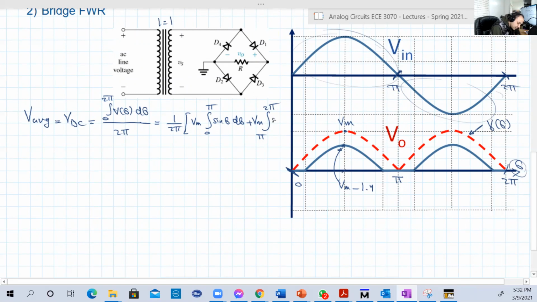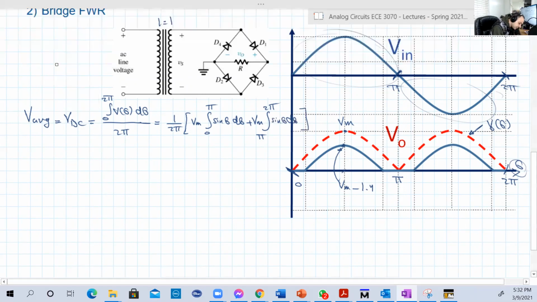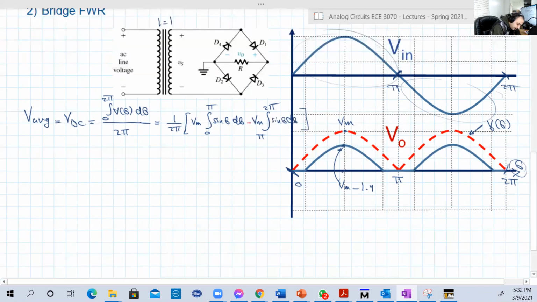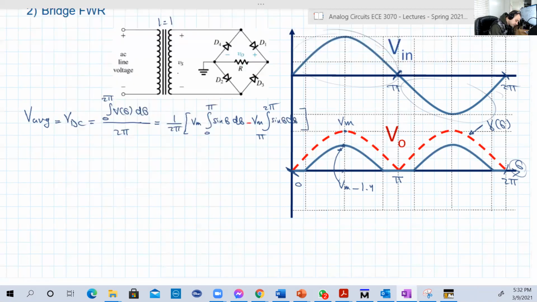So here we have sine theta d theta, but this sign will be negative. Let's do it even with red to make it very clear. Let's continue. There is no change: 1 over 2 pi, and we take V max as a common factor.